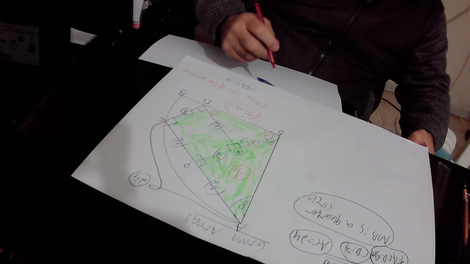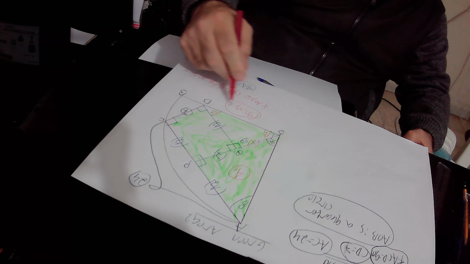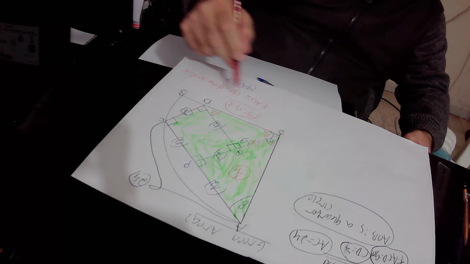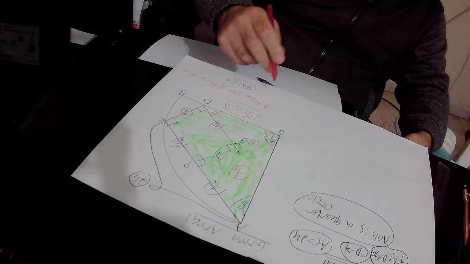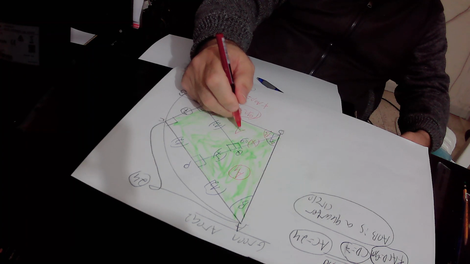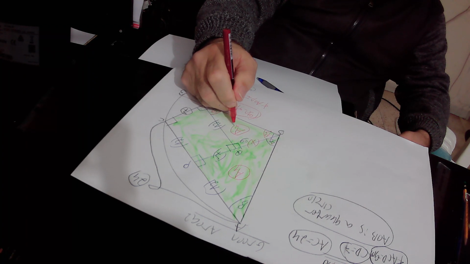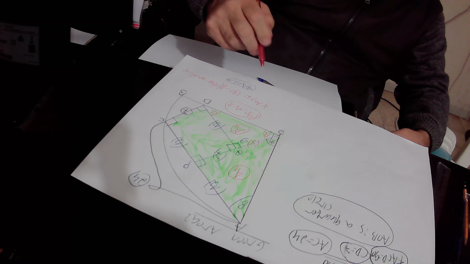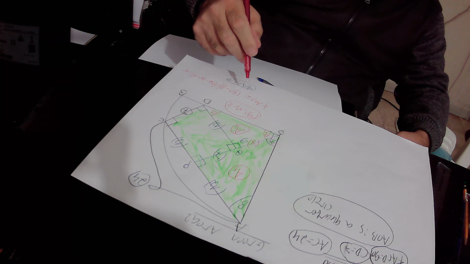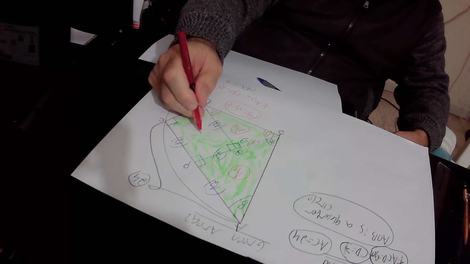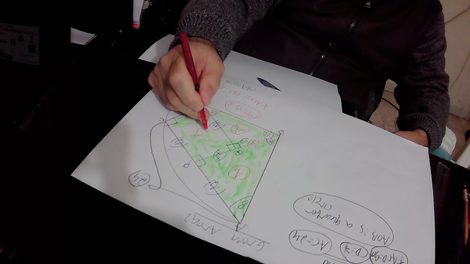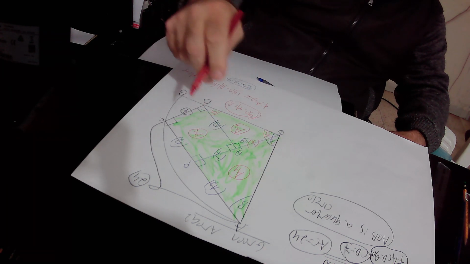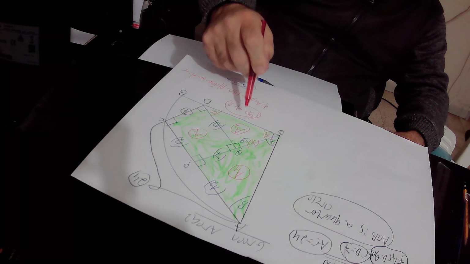The second part of this green area will be the area of the right triangle OQD. We define this area as A2. And finally, the third part of this green shape will be the area of rectangle QPCD. We define this area as A3. It is very clear from the drawing that the total area of the green shape must be equal to A1 plus A2 plus A3.